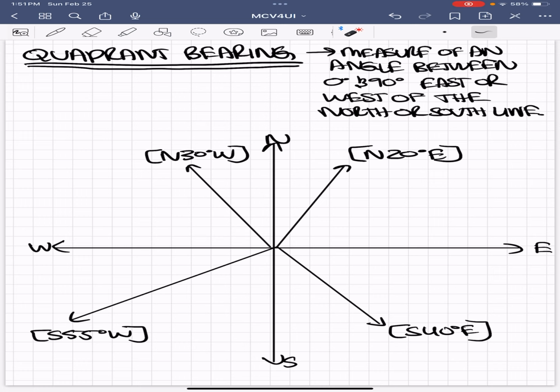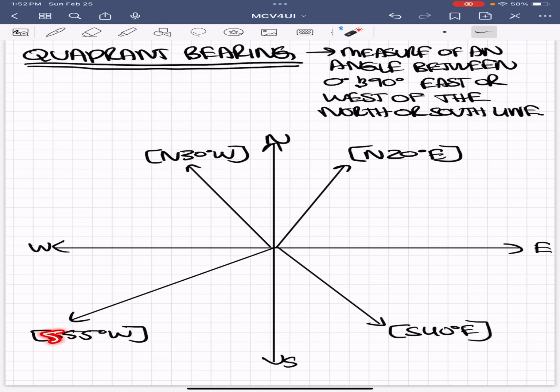We don't have N and S together here. That's not correct. You'll never see N and S because there's a W and the E in the way, and it's a measure of an angle between 0 and 90 degrees, east or west of the north or south line.